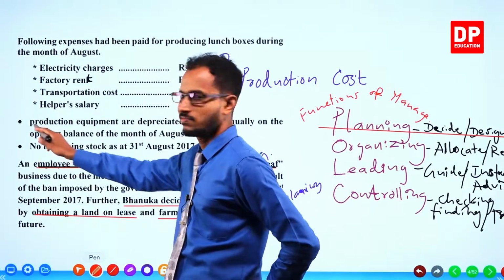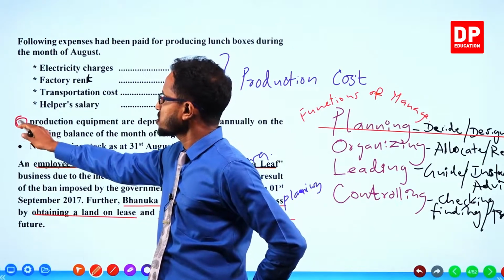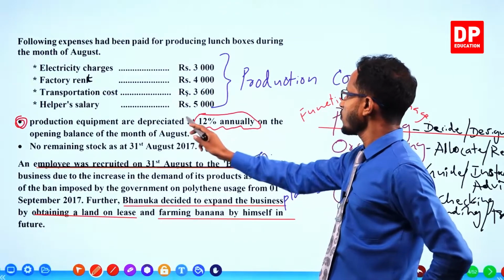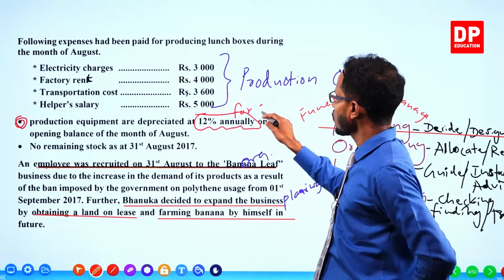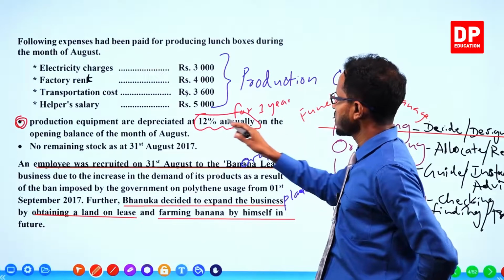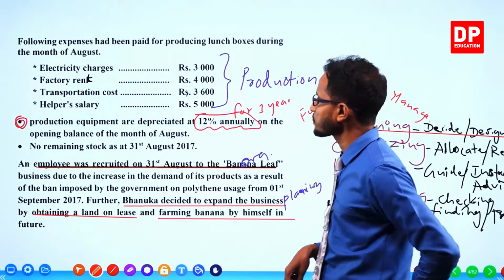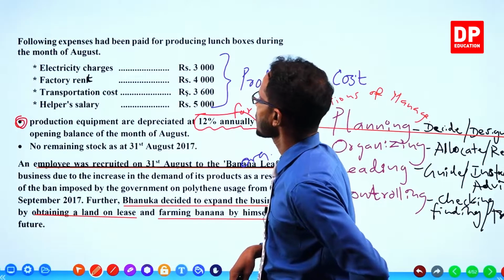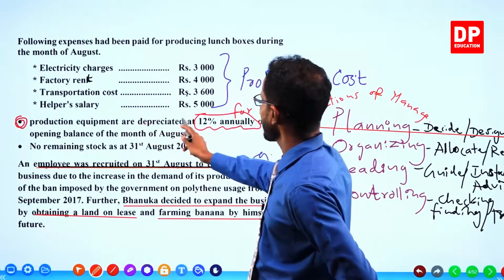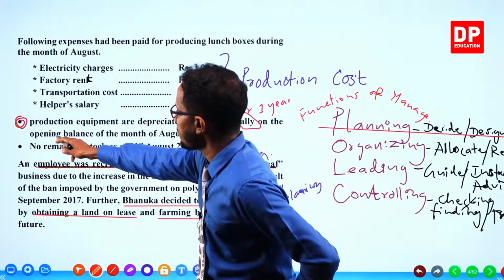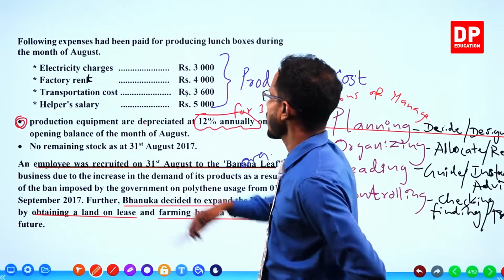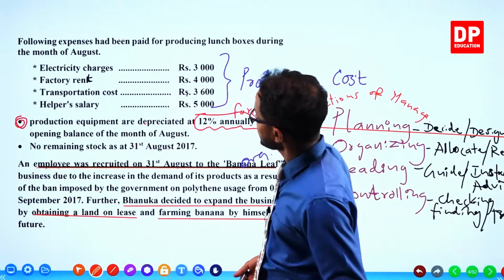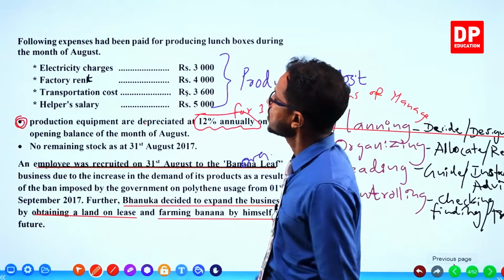Production equipments are depreciated at 12% annually. For 1 year, depreciation is calculated at 12% on the opening balance of the month of August. Where are the production equipments? We have to find the cost.